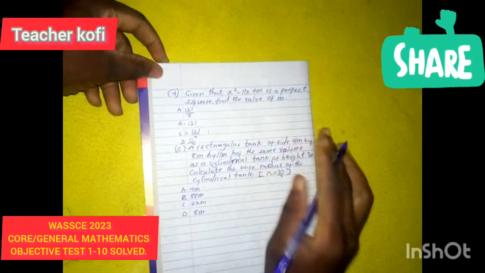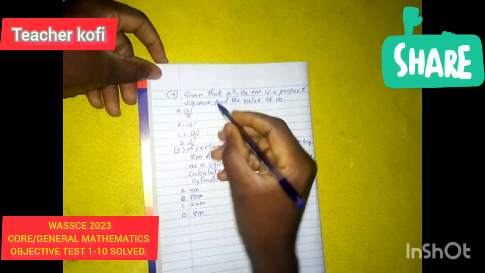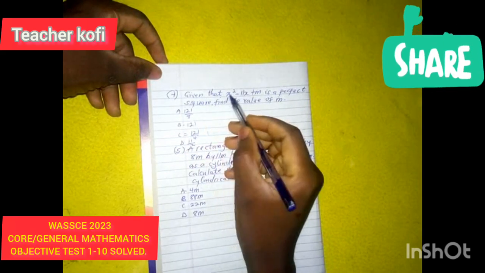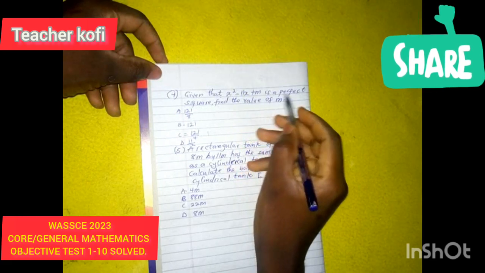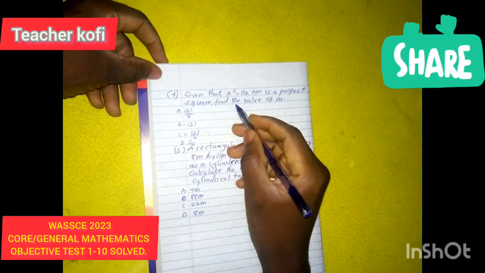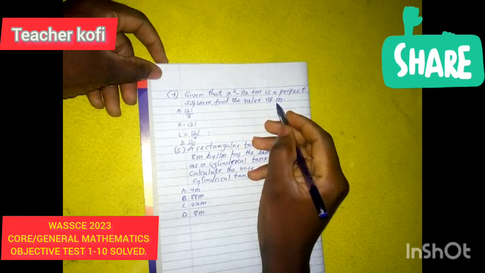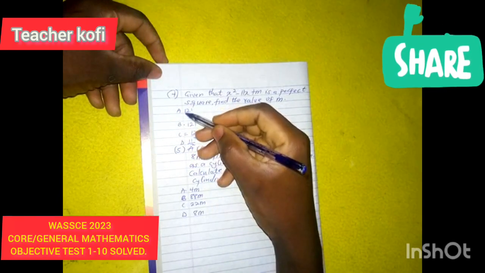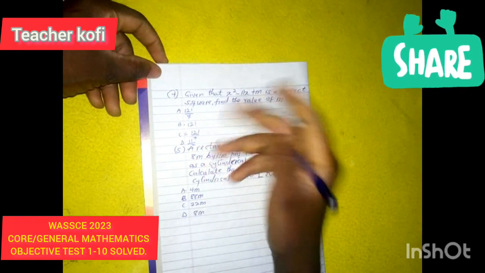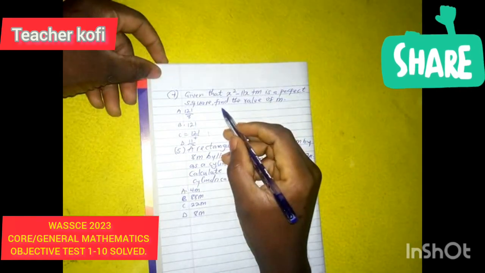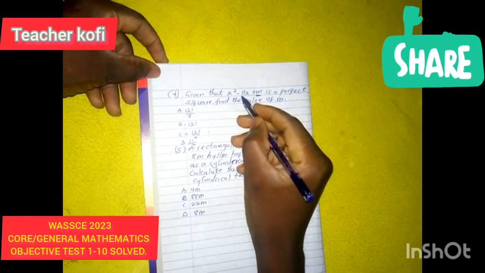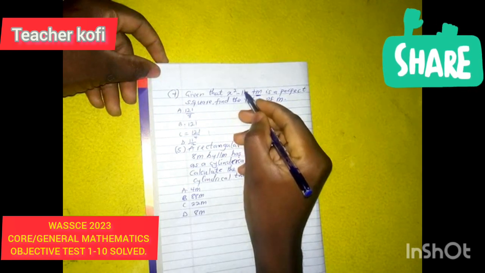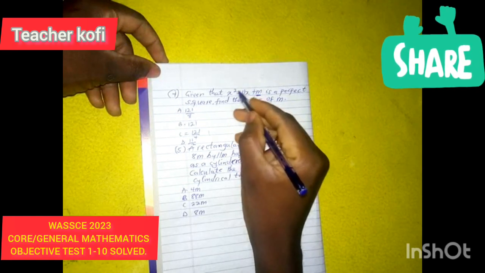Okay, question number 4. Given that x squared minus 11x plus m is a perfect square, find the value of m. And these are the answers provided. So to find the value of m, you first of all have to divide the minus 11 by 2.